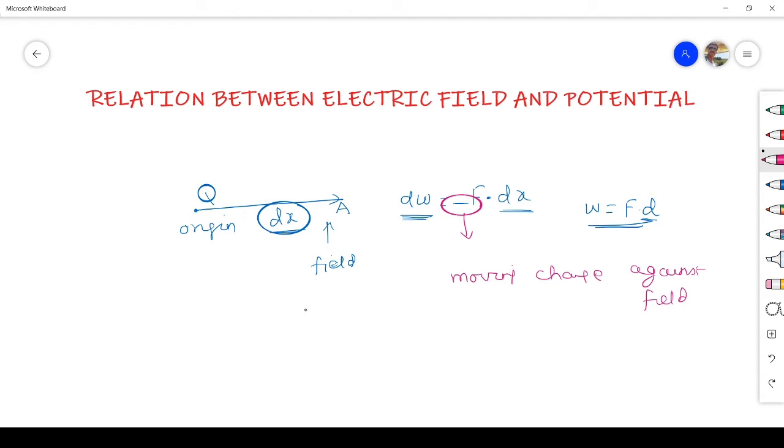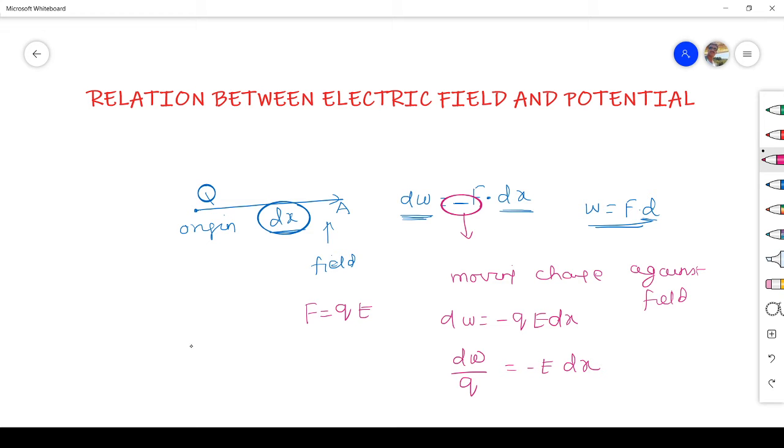So we know F is equal to QE. Clear or not? So substitute that: dw is equal to minus QE dx, right? Okay, now you bring that Q to this side, dw by Q is equal to minus E dx.